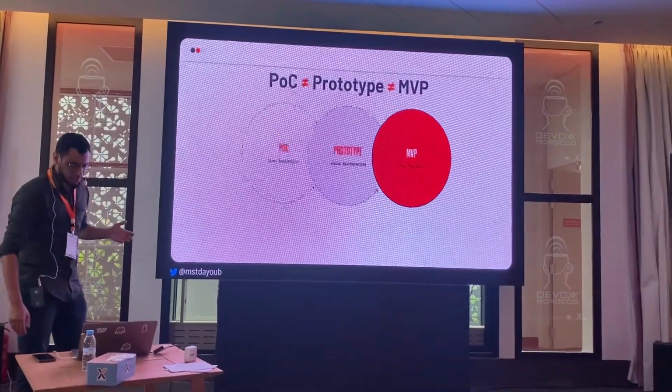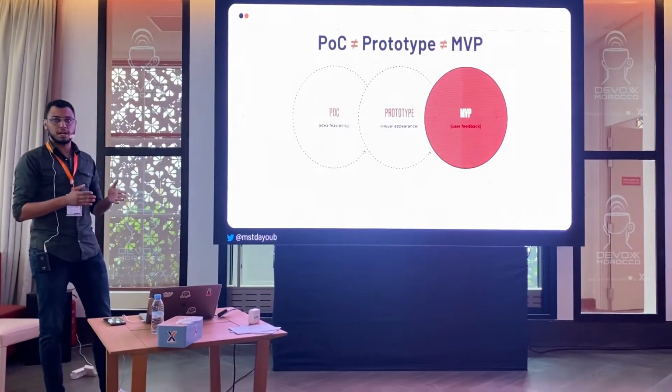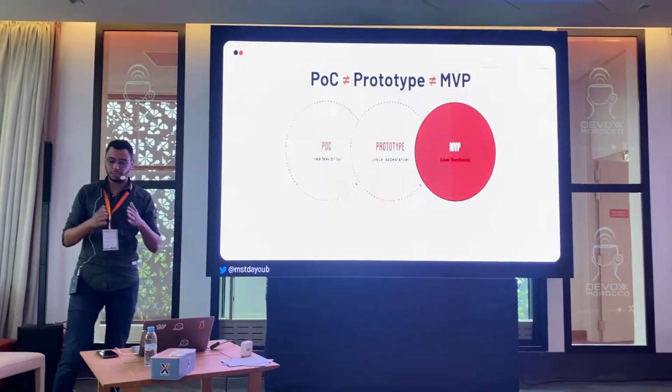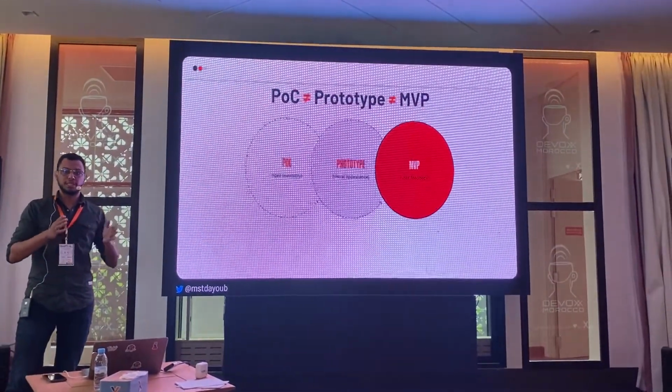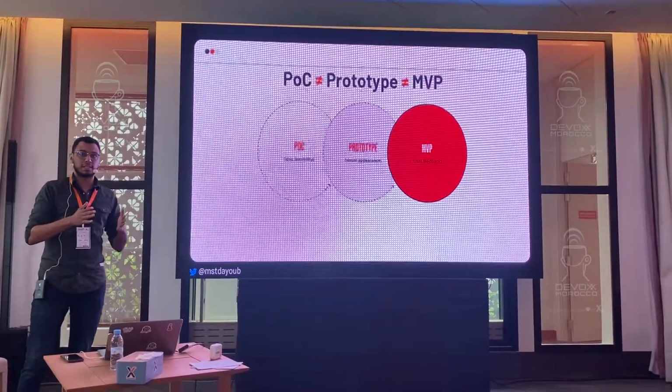So we arrive at the same slide as in the SaaS. We have to make a separation between those keywords, which are proof of concept, prototype, and MVP. So proof of concept is mainly answering the question, is my product technically feasible? Or my idea, is it technically feasible?